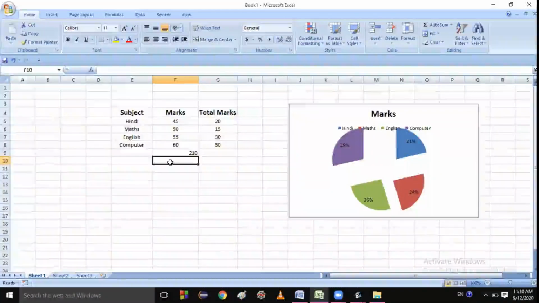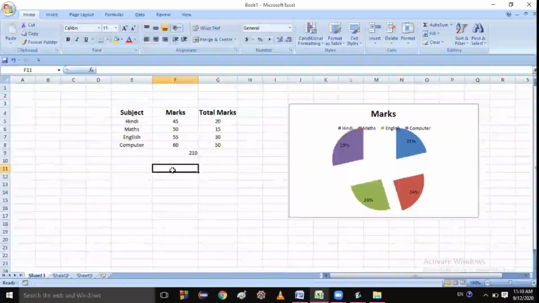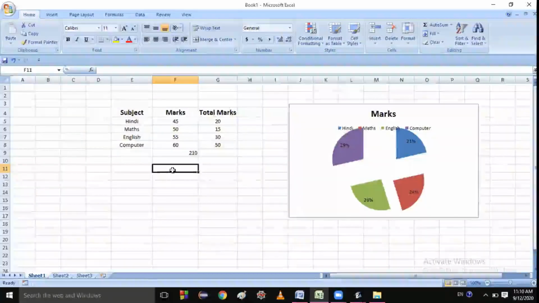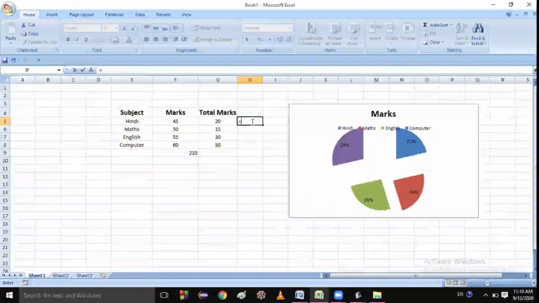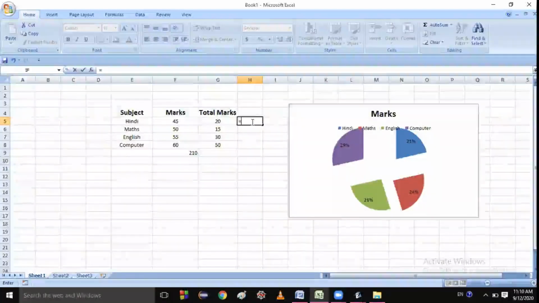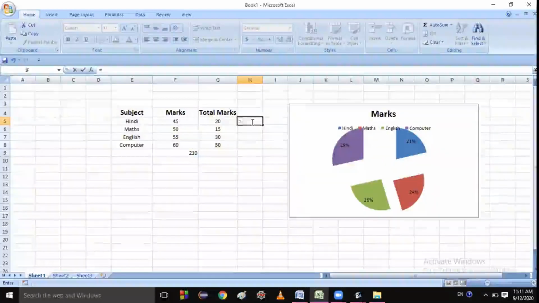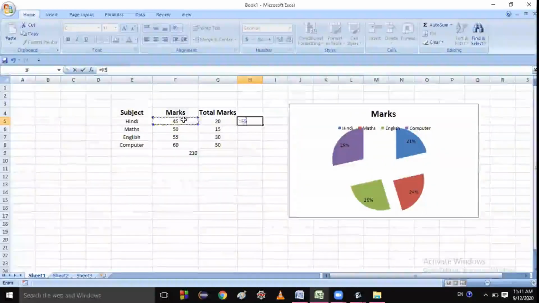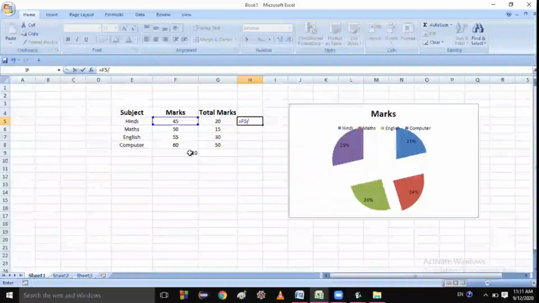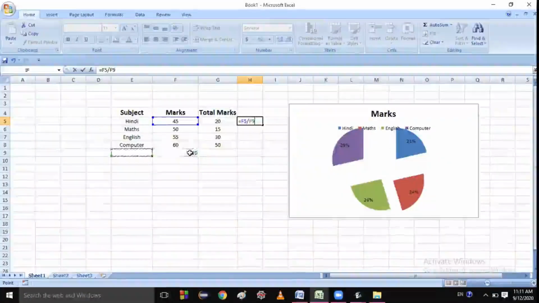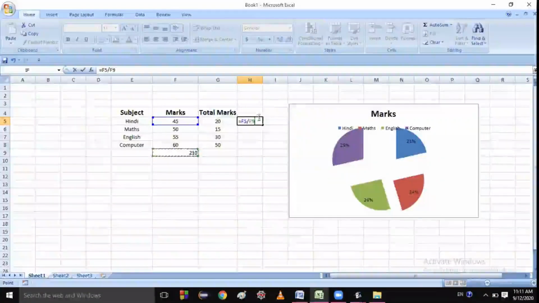And if I apply the formula for making the percentage, what will the formula be? The formula will be like this: equal to this one, divide by this one, and this will be with the dollar sign, because this is fixed.